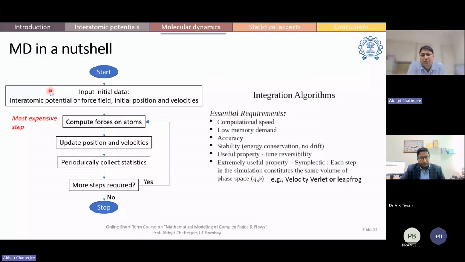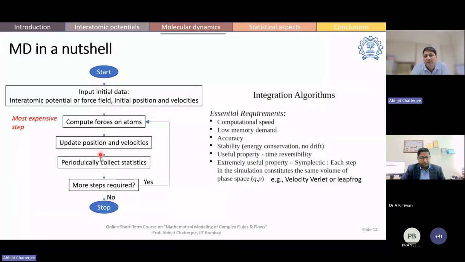So overall, the flowchart for molecular dynamics looks like this. We start our simulation by inputting all the initial data, like the interatomic potential or the force field to compute the potential energies and forces, and provide the initial positions of atoms and the initial velocities. Then using this information, we start computing the forces on atoms, and update the position and velocity by solving Newton's equation.